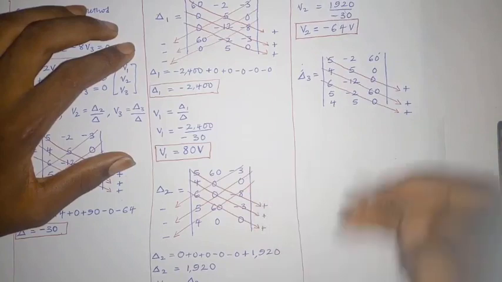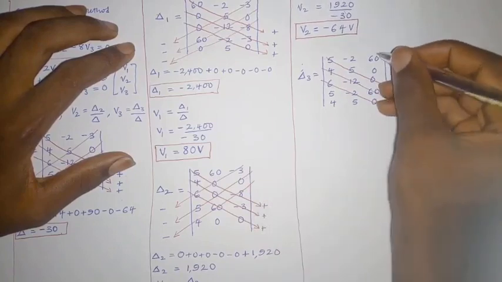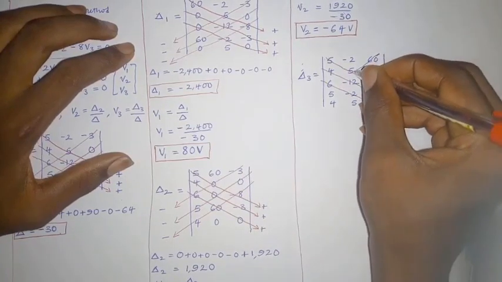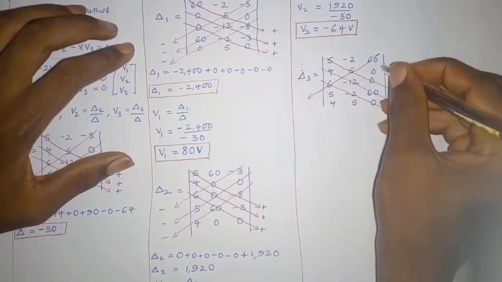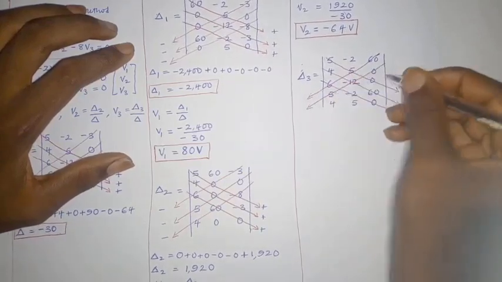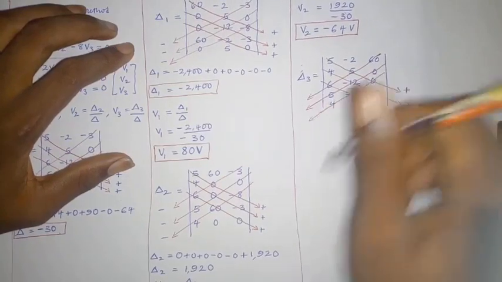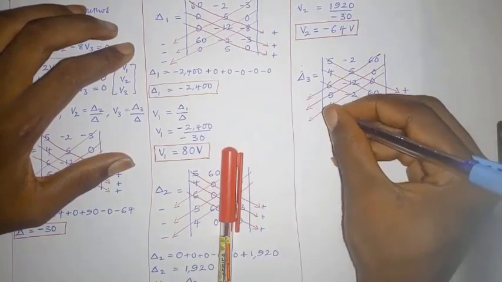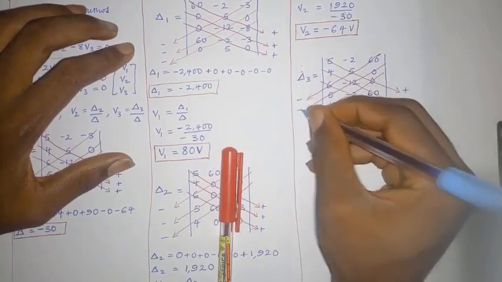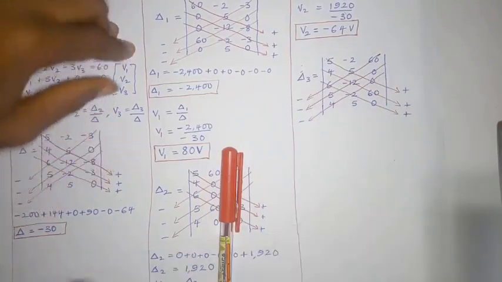Okay, then another one, we have this and this. So this side will be negative, negative, negative, that is minus, minus, minus.